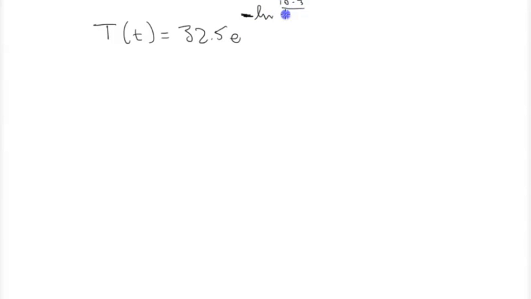And we need to figure out when the body temperature is 37 degrees. So we'll plug a 37 in there and solve for t. And the t will end up being a negative time, but that's good because it's time before 1:30.